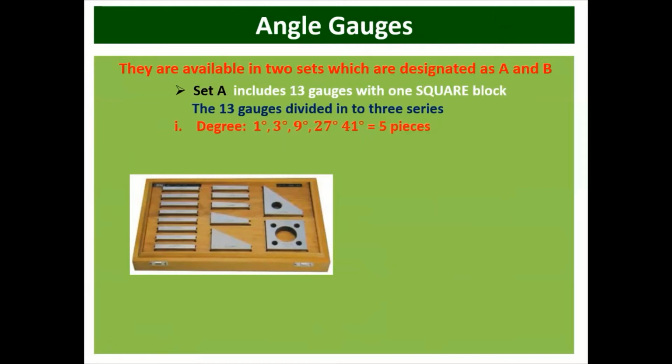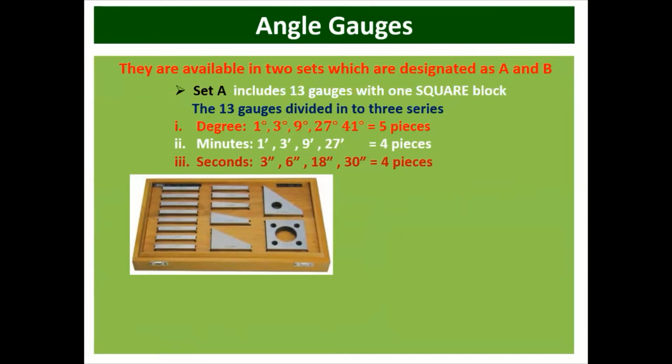So first, in degrees, there is 1 degree, 3 degree, 9 degree, 27 degree and 41 degree, meaning a total of 5 pieces which give degrees. Other pieces, in minutes, are 1 minute, 3 minutes, 9 minutes, 27 minutes. So a total of 4 pieces are there.